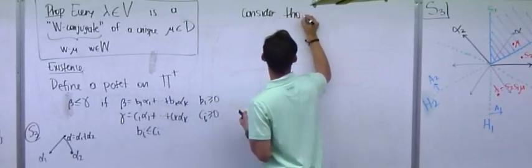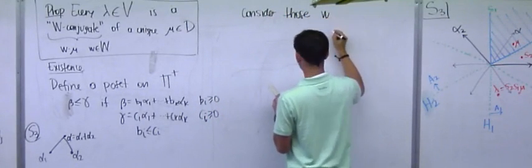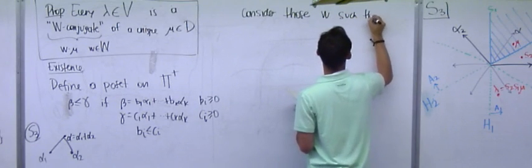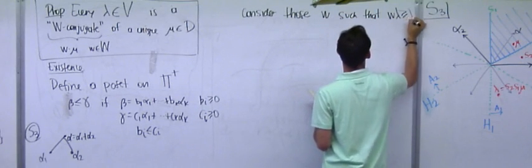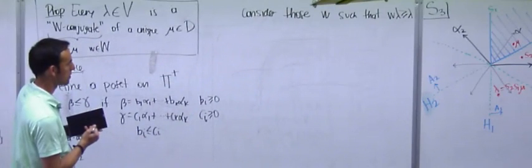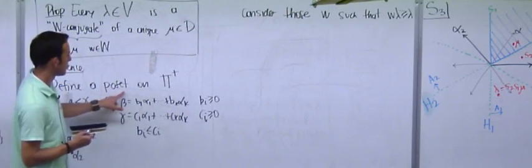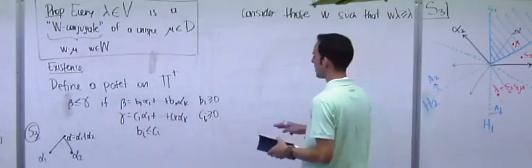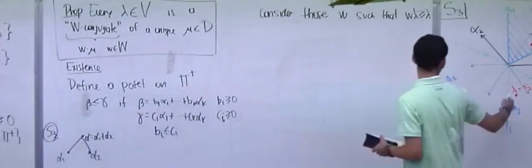So consider, now I'm just realizing that I want to do this a little bit more generally, because I don't want to just define this for pi plus, but for arbitrary vectors here.